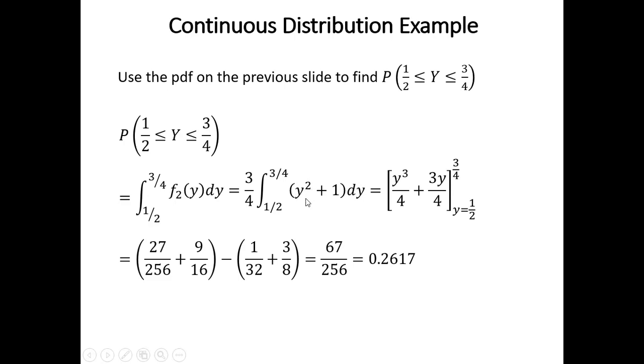Then when I multiply by 3/4, the 3's cancel, and we get y cubed over 4. And over here, I'll have just a y, but when I bring this in, it becomes 3/4 y. These are my limits. We could work this out, do some tedious algebra, and you see we end up with 67 over 256, or 0.2617 as a decimal.